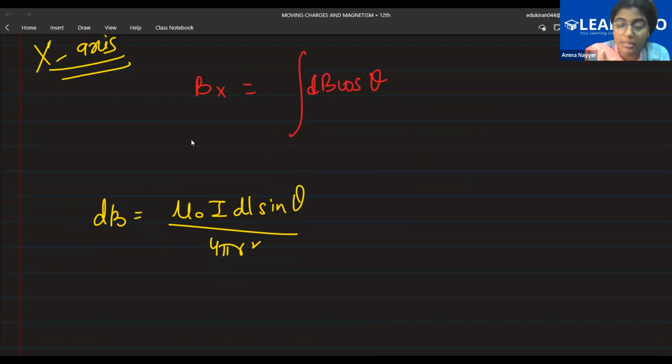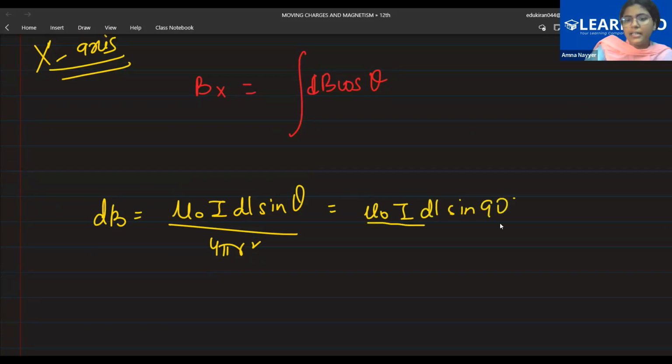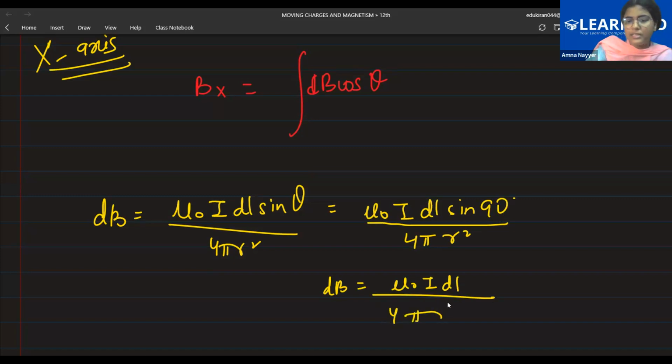That is your dB. Theta here is 90 degrees, which is formed by dl and r, which we have marked also. So mu naught I dl sin 90 degree divided by 4 pi r square, right? So dB is equal to mu naught I dl divided by 4 pi r square.